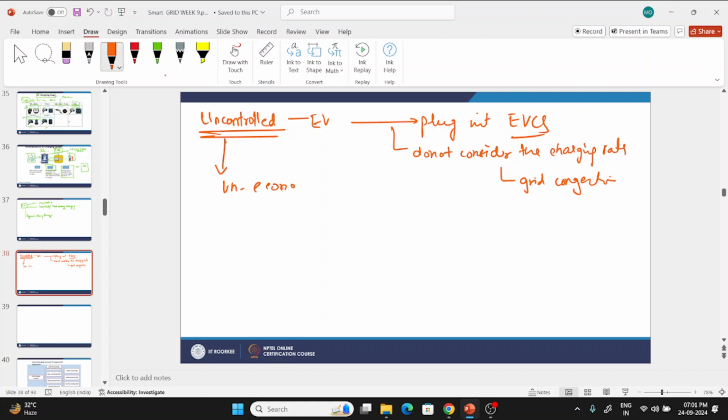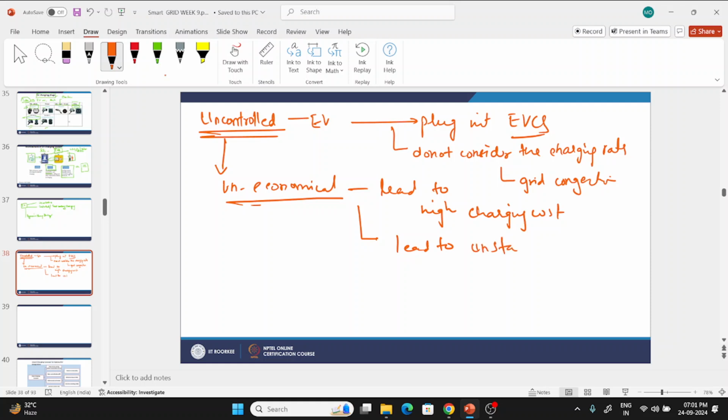It is very uneconomical because it will lead to higher charging cost and to instability of the grid.